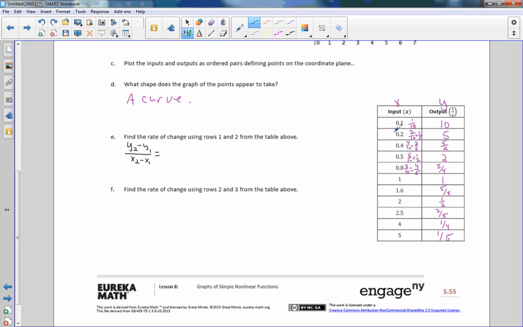So now it said using rows 1 and 2, that's right here. y2 is 5, y1 is 10, so it's 5 minus 10 divided by x2, which is 2/10. I'm going to use these values here, non-reduced, because they're fractions. 2/10 minus 1/10, so 5 minus 10 is -5 over 2/10 minus 1/10 equals 1/10. And remember our rule, that's -5 over 1 times the reciprocal of the denominator, which is -50.